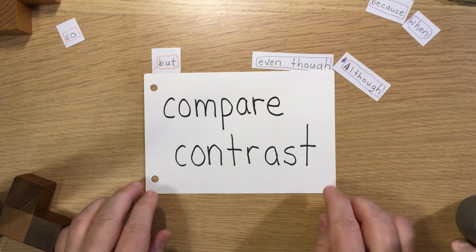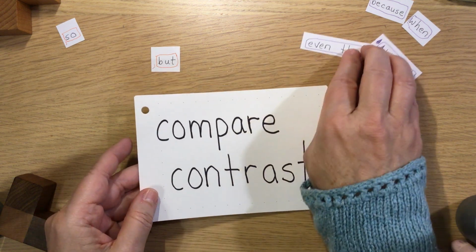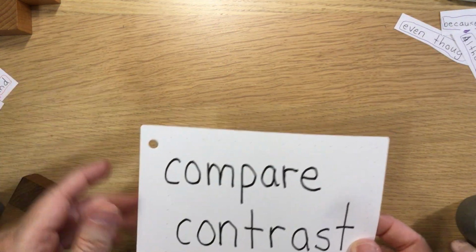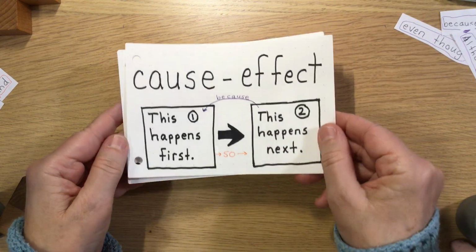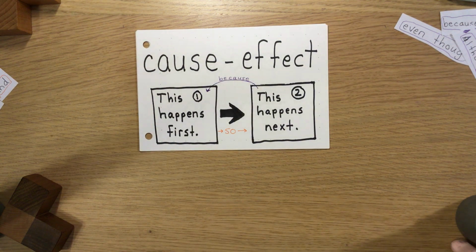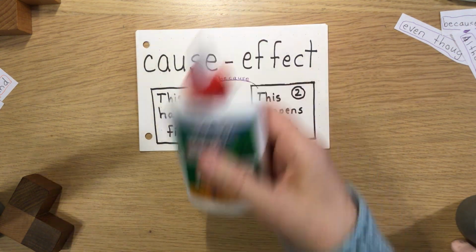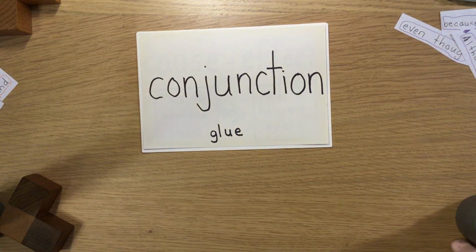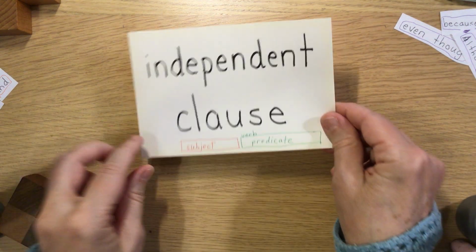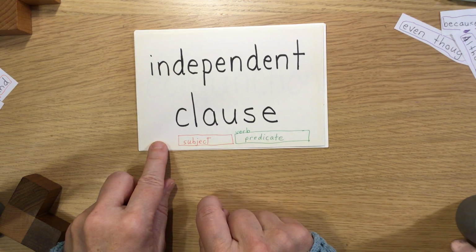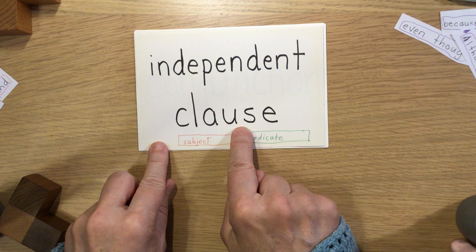Okay, so we had a lot of words today. We talked about picking out our conjunctions to help us with compare-contrast sentences, picking out our conjunctions to help us with cause-effect sentences. We talked about how these words that are going to glue together different clauses are called conjunctions. We talked about how a group of words that has a subject and a predicate is called a clause. If it can be a sentence all by itself, it's called an independent clause.